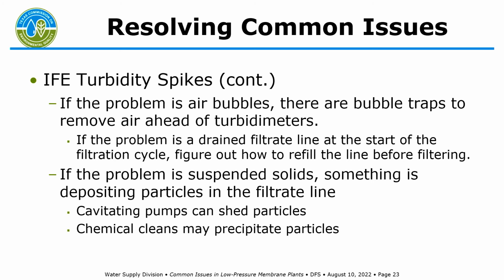Well, if the problem is air bubbles, there are bubble traps that can remove the air ahead of turbidimeters. We've seen different kinds of bubble traps. Some are more successful than others.